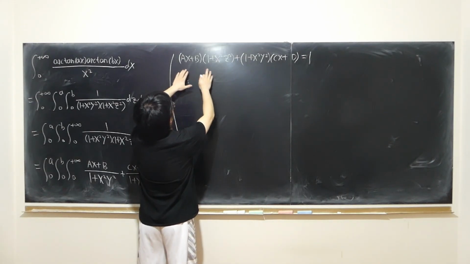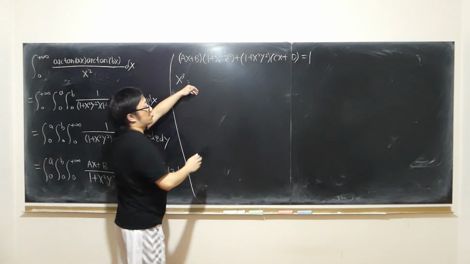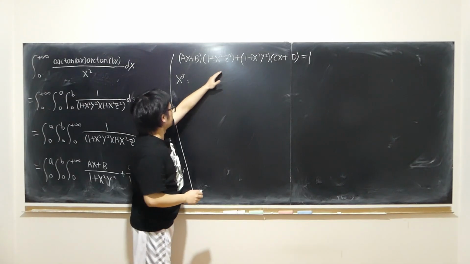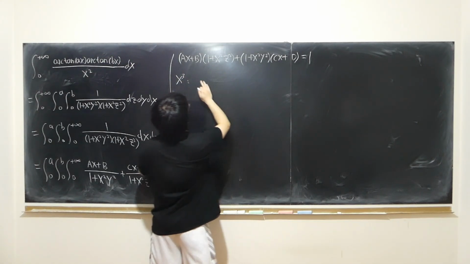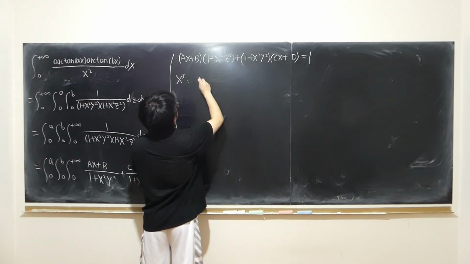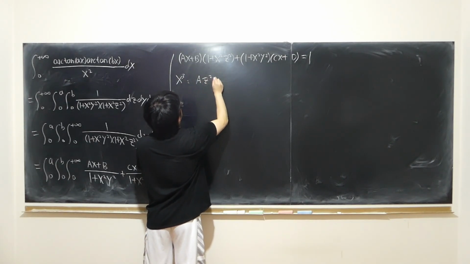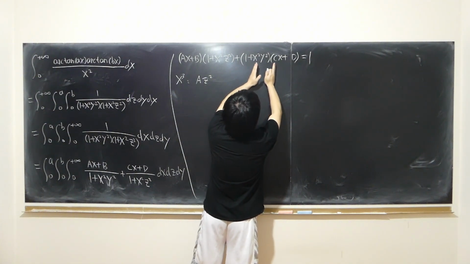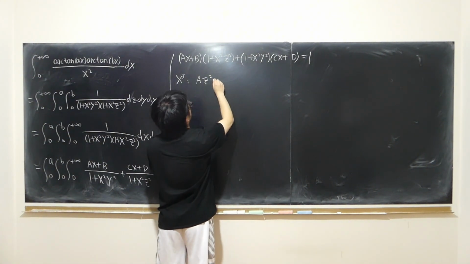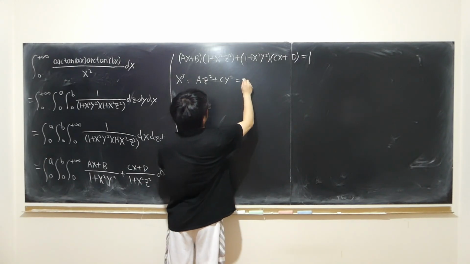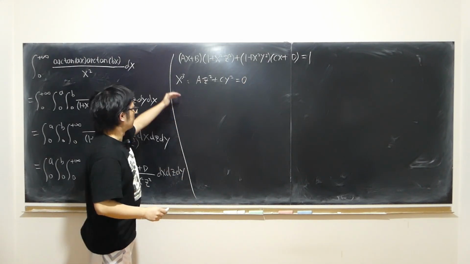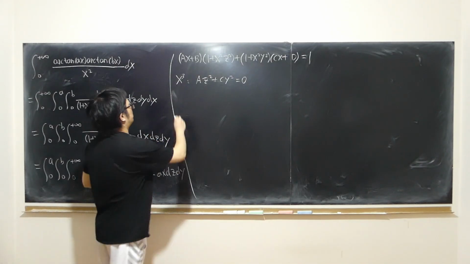For now, we treat z and y as constants as well. So you have a times z squared, the other one is c times y squared, which should always equal 0 because you don't have any cubic term on the other side.